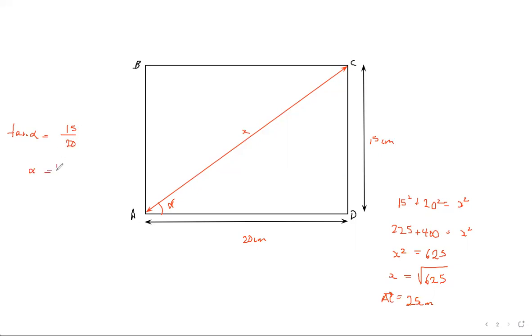So alpha is tan inverse 15 over 20. Alpha is equal to tan inverse of 15 divided by 20, which is equal to 36.9 degrees.